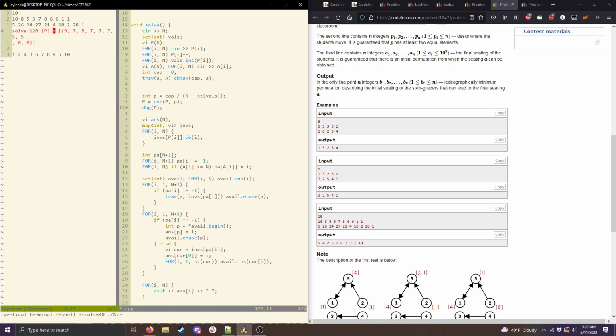Oh, huh. Is the exponentiation going wrong? Let's see. So how many cycles are we doing here?